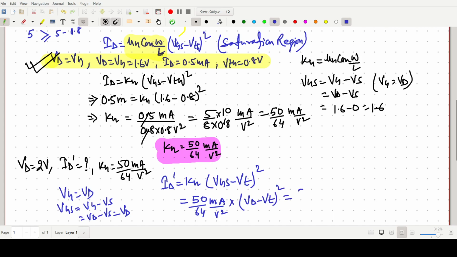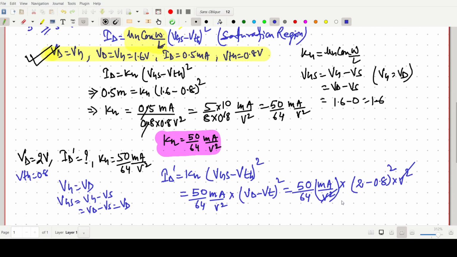So once again I am writing it like that: 50 by 64 milliampere by volt square, and the VD value is 2 volt, minus VT. VT value is also the same, 0.8. So we can write VTH: 2 minus 0.8 whole square, and the unit will be volt square. This volt square cancels out, so it should be in the milliampere range.